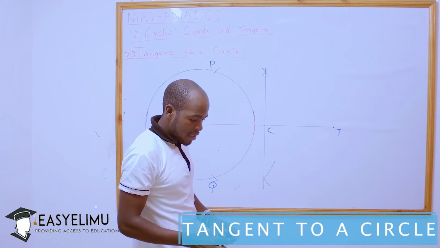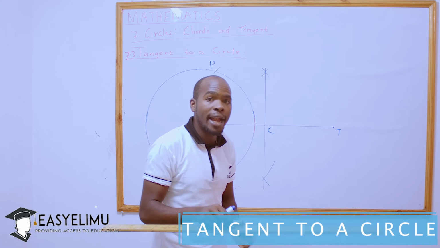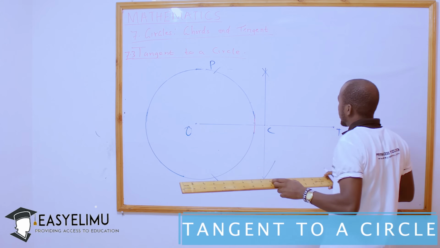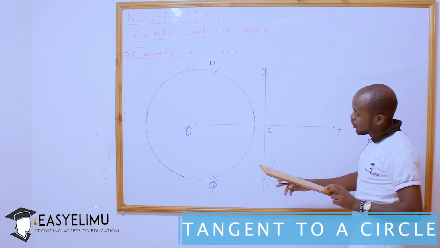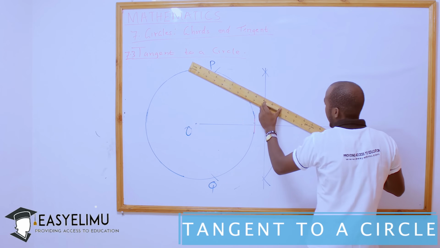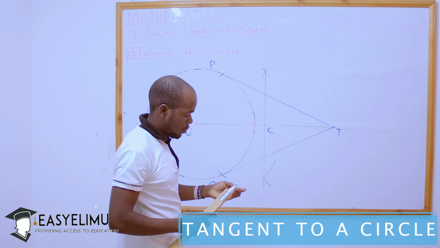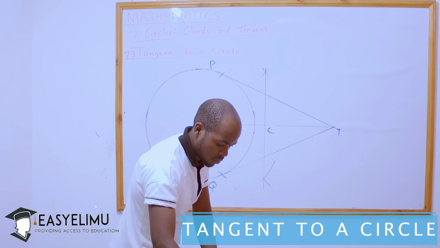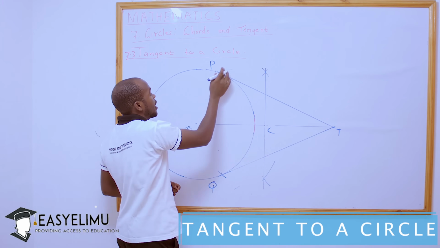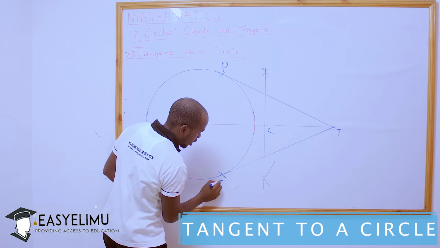Having that, the next thing you should do, take a ruler and a pen or a pencil, join P to T and also Q to T, such that you are going to have that point here as P and the lower point as Q here.